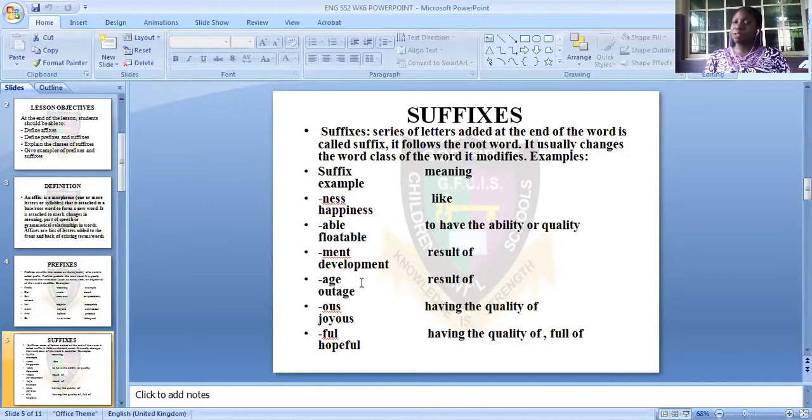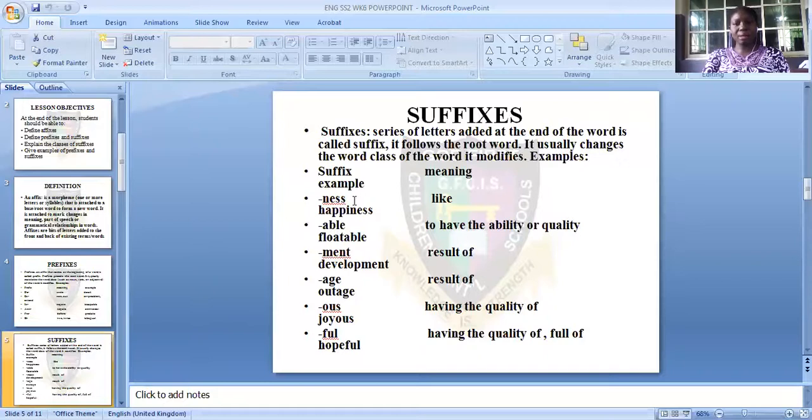While in the case of a suffix, it follows the root word, so it comes after the root word. Suffixes usually change the word class of the word they modify, unlike prefixes, where the word class remains.